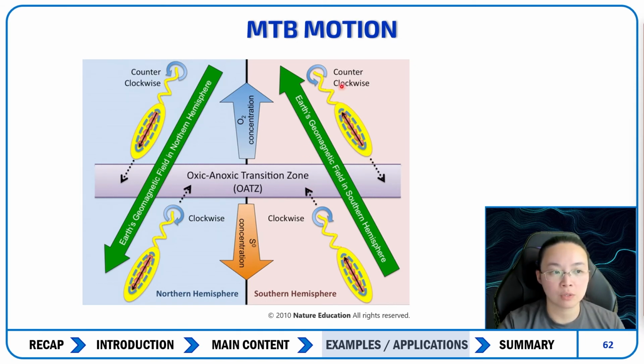And then their flagellar motion is going to go counterclockwise to move towards the OATZ. So keep in mind that it's just the flagellar motion that determines whether the bacteria will move forwards or backwards. It's not necessarily the magnetic dipole within the bacteria.